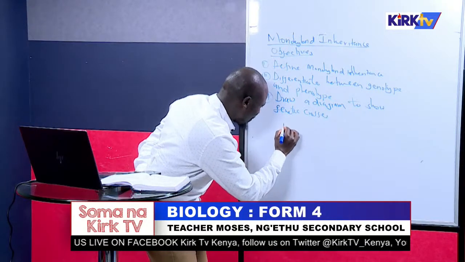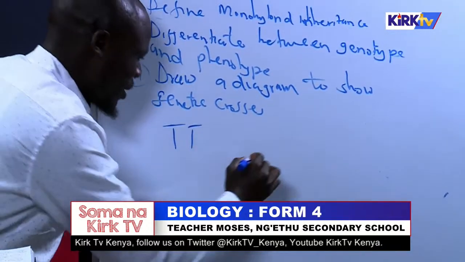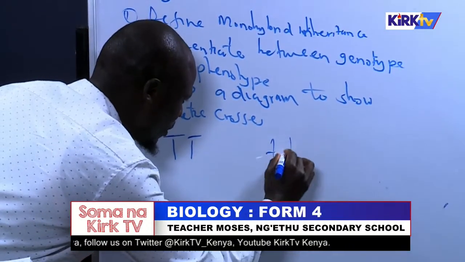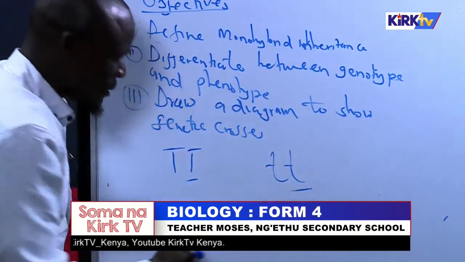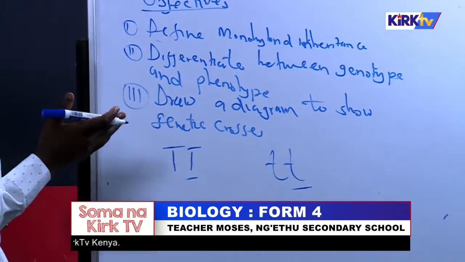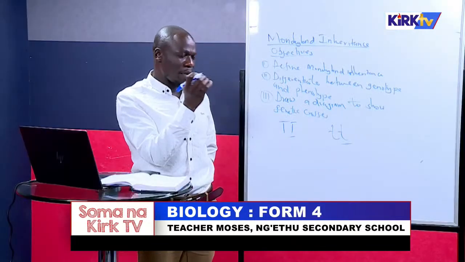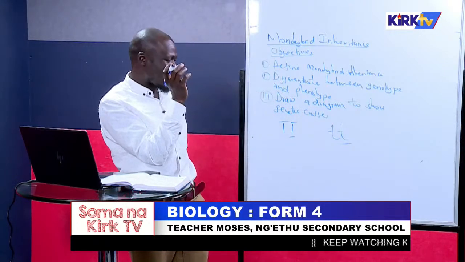For instance, I want to use a specific letter to represent the gene for height. I want to use capital T, small t. This is the uppercase, this is the lowercase. The capital T is a gene that controls the height, as well as the small t is another gene that is controlling height.